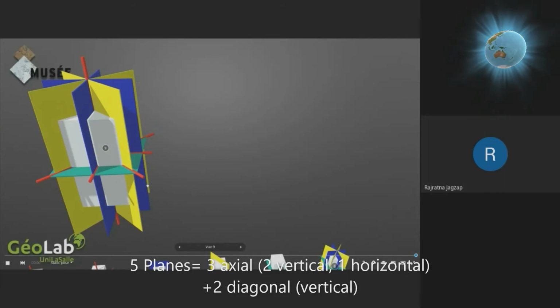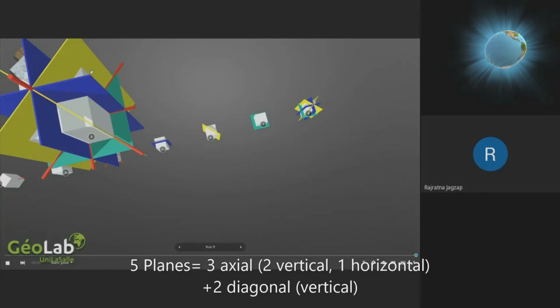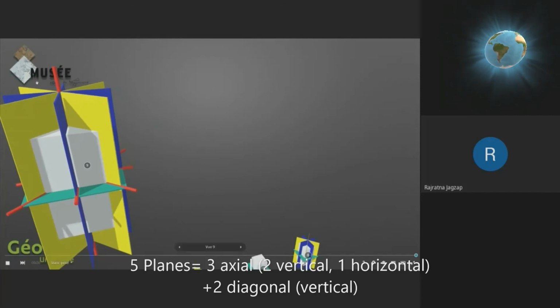And there are two other planes of symmetry which are diagonally placed. As you can see here, they are diagonal. Yellow colored. Going from the right hand side diagonally and the left hand side diagonally.